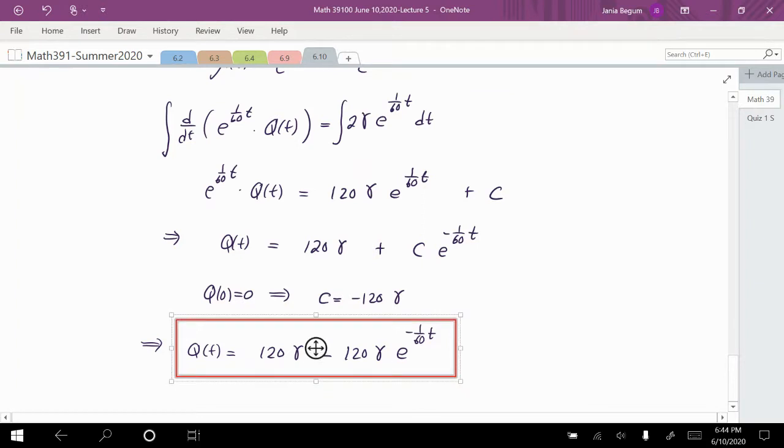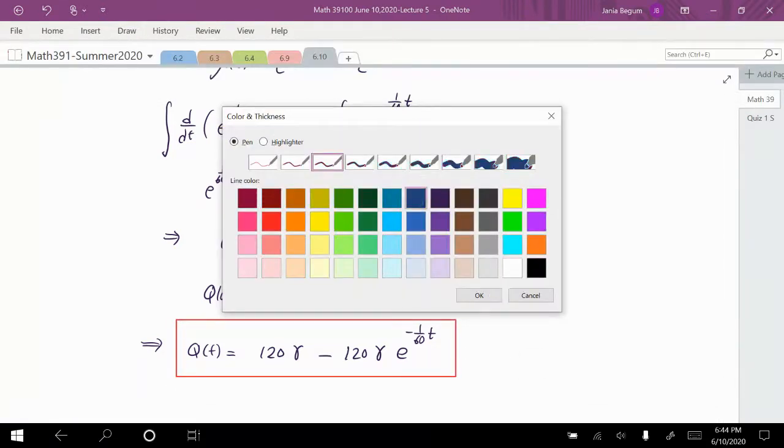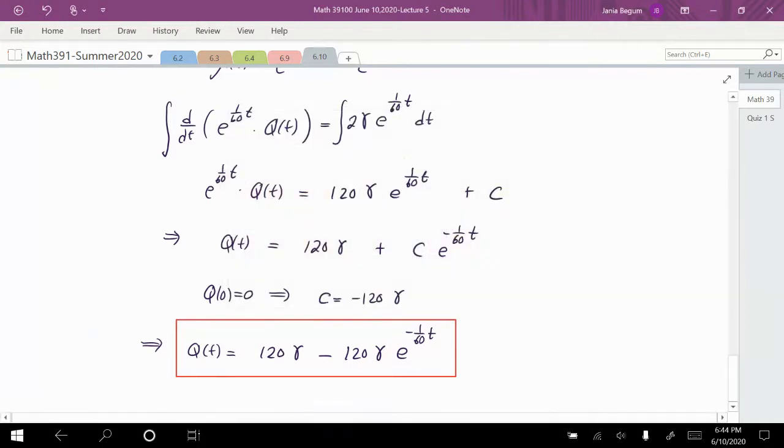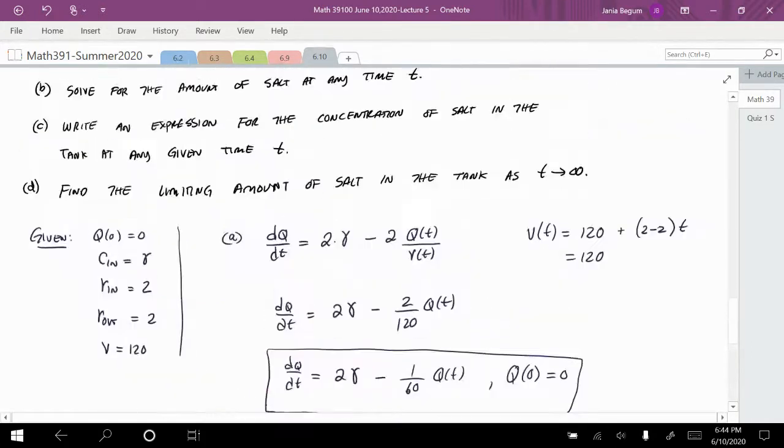Okay. So any questions up to here? So this is part B. Okay. Now for part C, we want to express the concentration at any given time t.